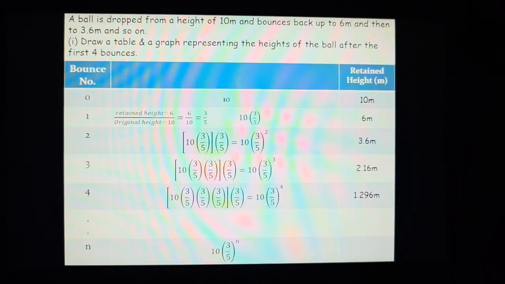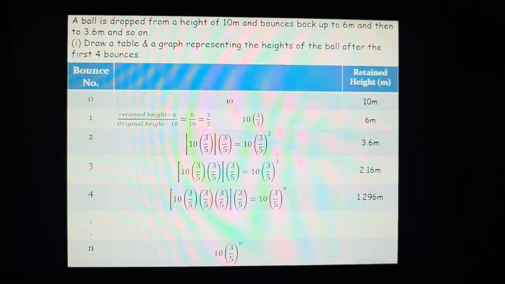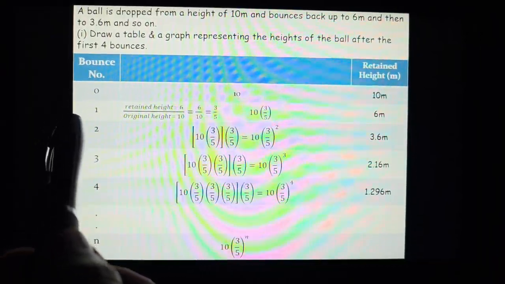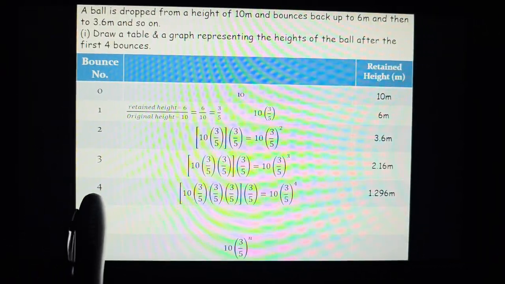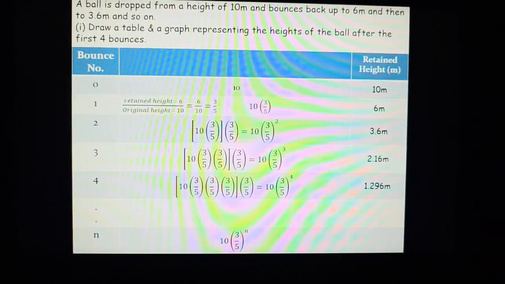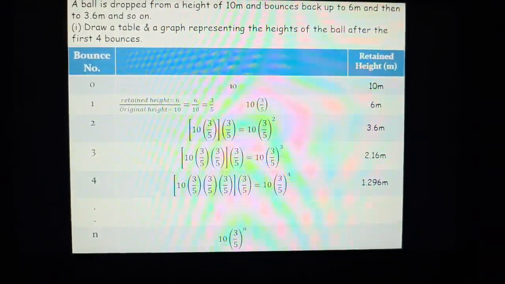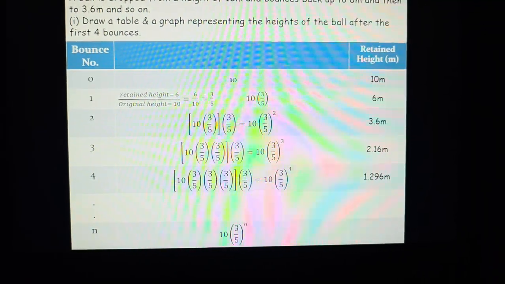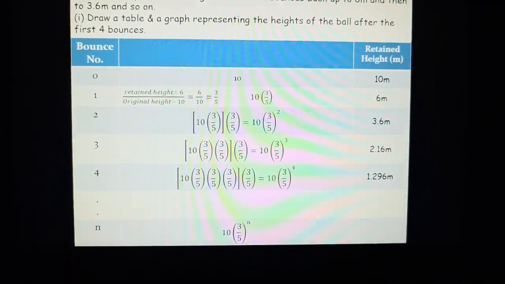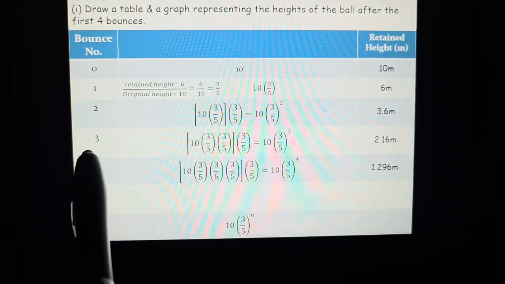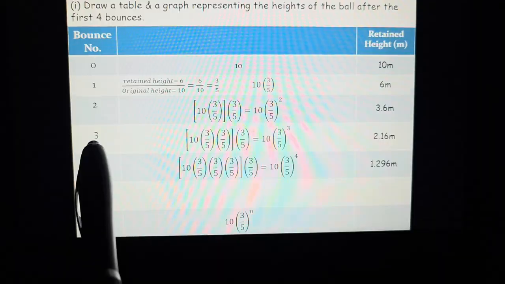But here you'd have to state then that n is equal to the term number, because term 1 is 0 bounces, term 2 is 1 bounce, term 3 would be 2 bounces, term 5 would have been 4 bounces, and so on. So you could use your T of n formula for a geometric series, but just remember n then represents the term number. So if I wanted to get the 20th bounce, I'd be looking for term 21. If I wanted to get the third bounce, I'd be looking for term 4 instead, if I use that formula.